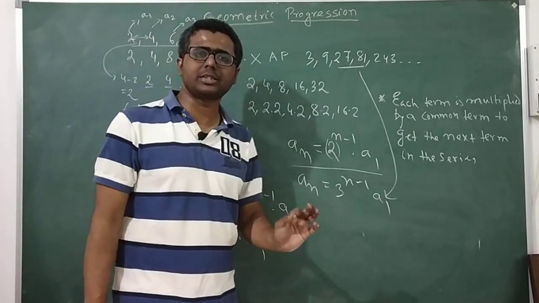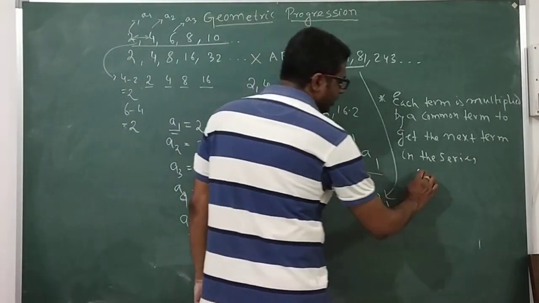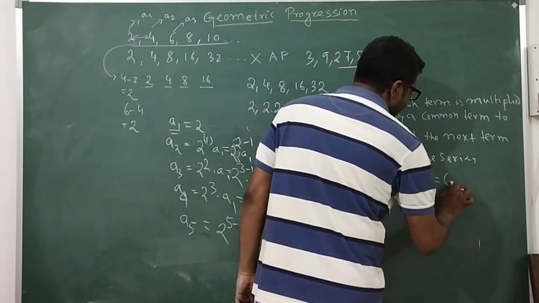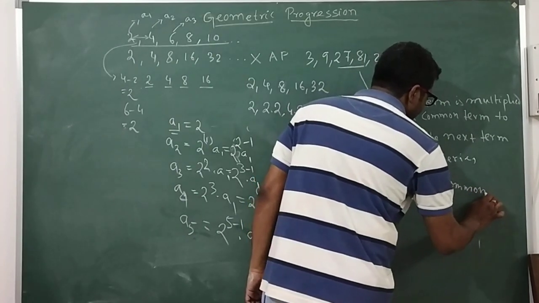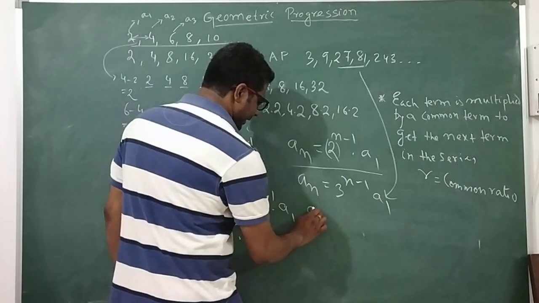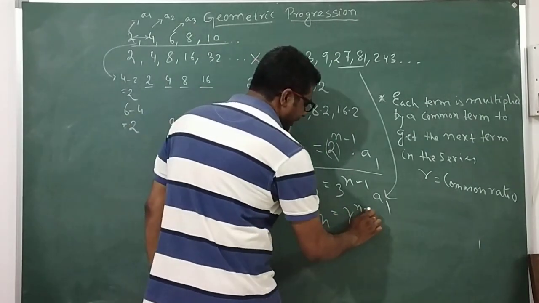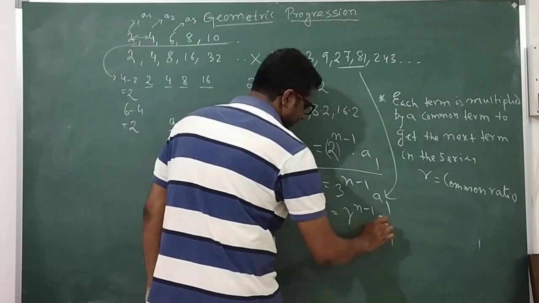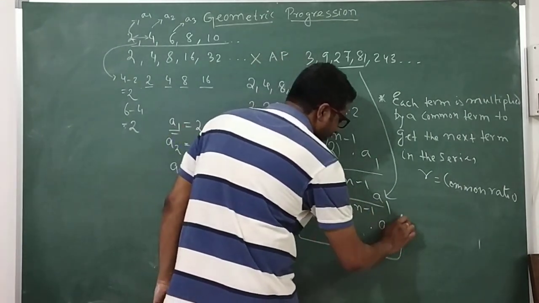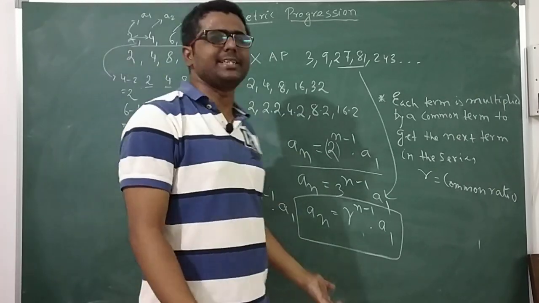So that term is called the common ratio. Okay, so I denote the common ratio as R. So I can write An is equal to R to the power n minus 1 into the first term. So this is how you calculate the nth term of a GP series.